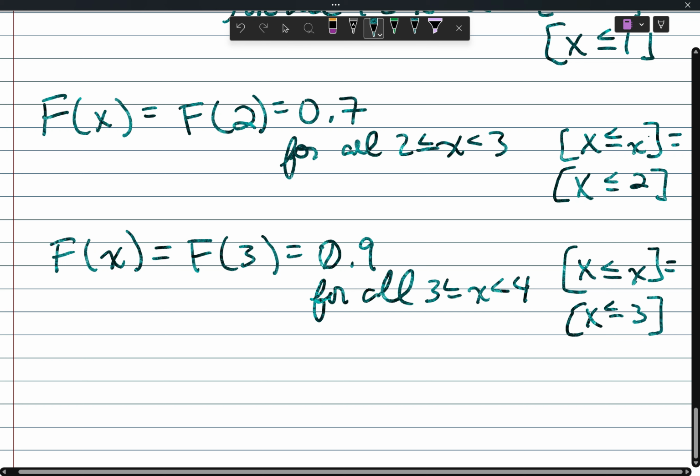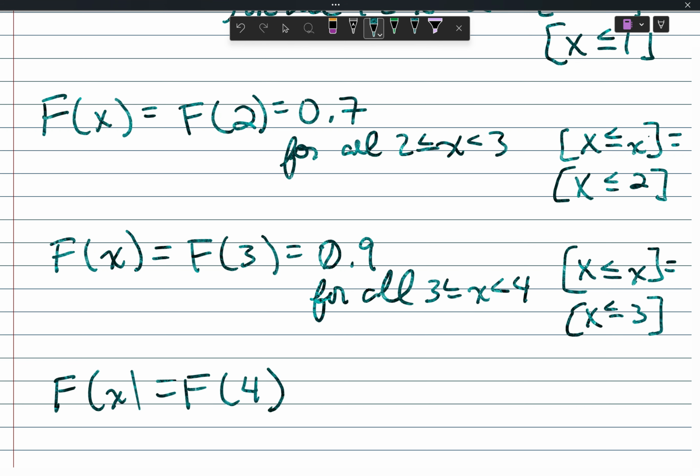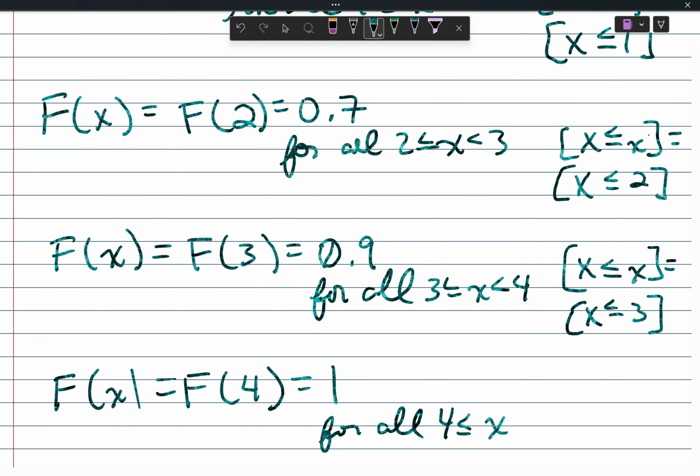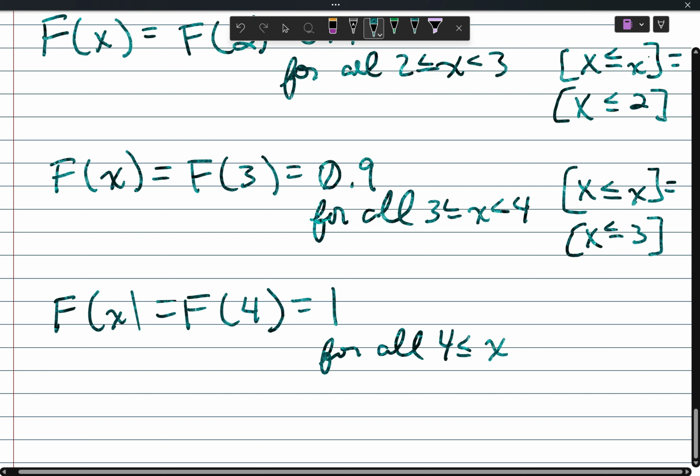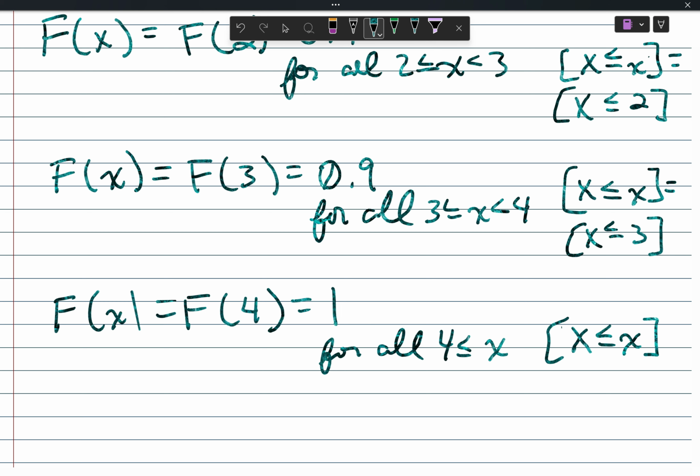And then we have F(x) equal to F(4), which is equal to 1, we said. And this is for all x where 4 is less than or equal to x, and this is because the random variable X less than or equal to x is equal to the random variable X being less than or equal to 4.